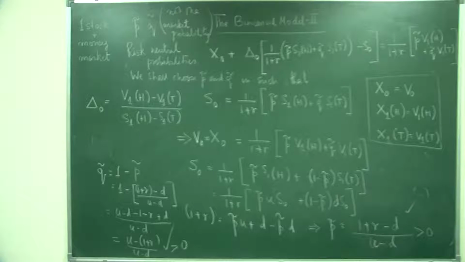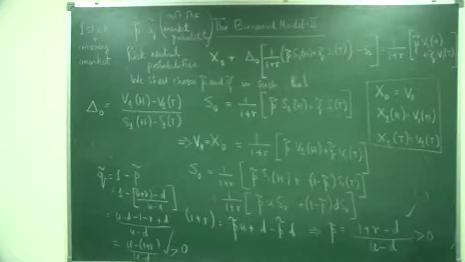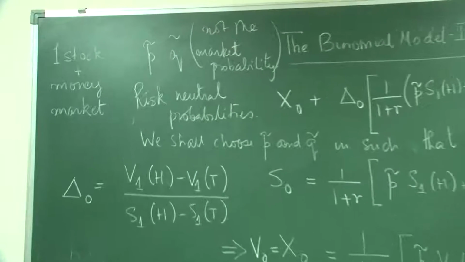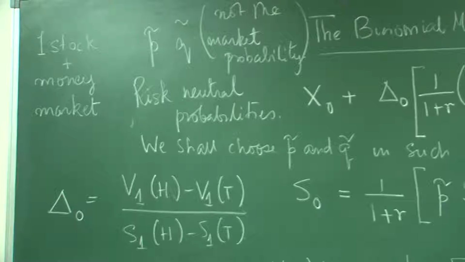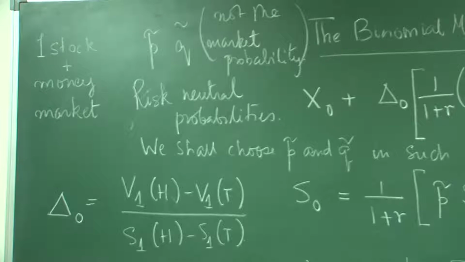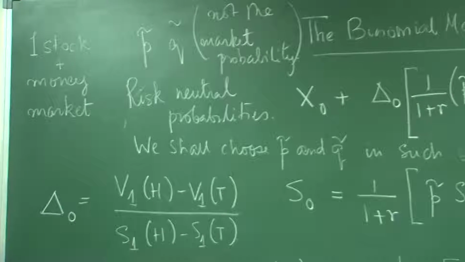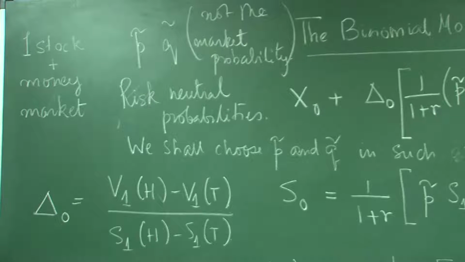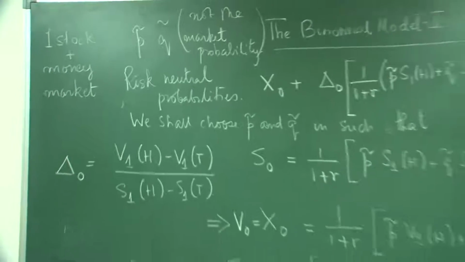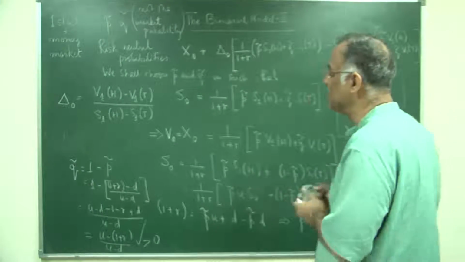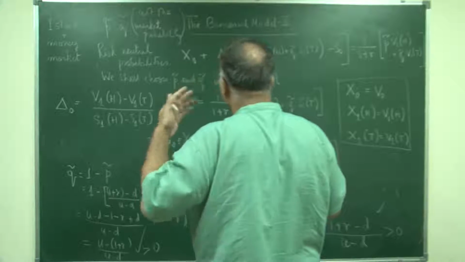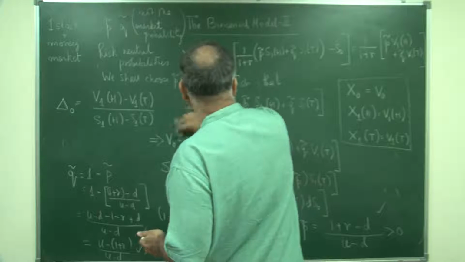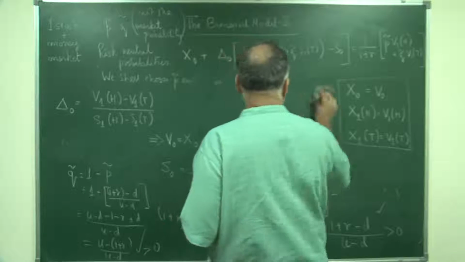Why do people invest in risky assets? Because they want to make a quick buck, right? To be very frank with you, I have really never made an investment in the market, but I know friends who have made investments in the market and have lost. So you put your money in risky assets because you want to make a quick buck.